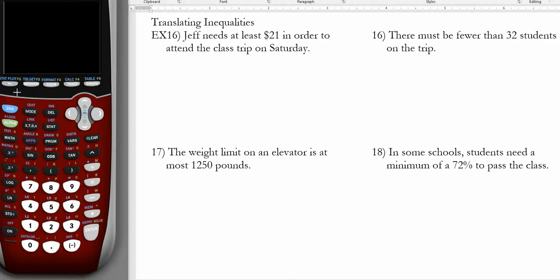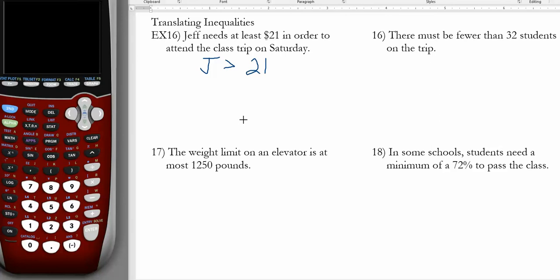Alright, so let's translate a few word problems. Jeff needs at least $21. So we're going to have Jeff and we're going to have $21. Now he needs at least, which means he's going to have more than $21, it sounds like. If he needs to go on the trip, he's going to need more than 21 potentially. But we also need to consider, what if he gets exactly $21?